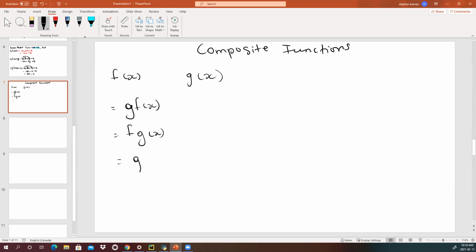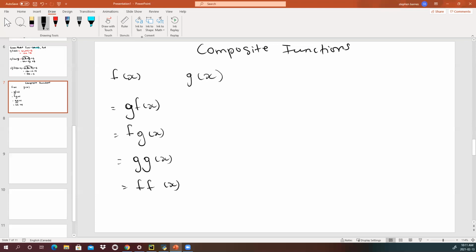And I can also have just a composite function. It's a function multiplying by itself, just like we're going to have 3 times 2 or 2 times 2. You understand? This now is what a composite function is.